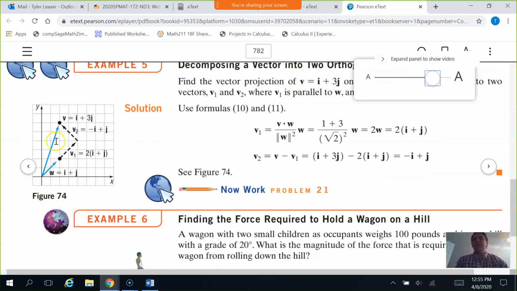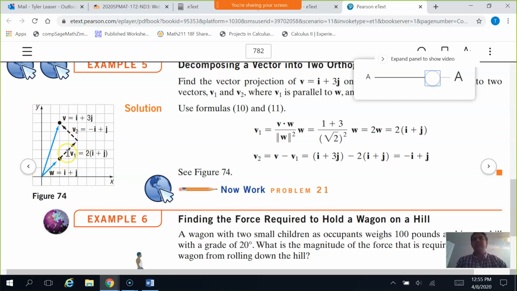So here we have our vector V, and then this tiny little vector here is vector W. What we want to do is take vector V, and think of it as if there's a sun or a light source perpendicular to W out here, casting a shadow from V onto the direction of W. This creates a new vector here, V1.